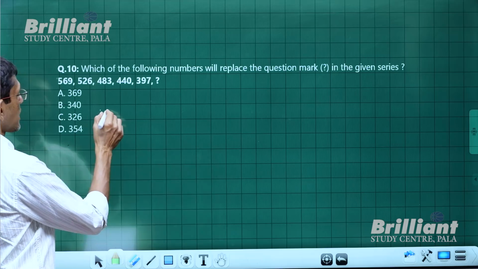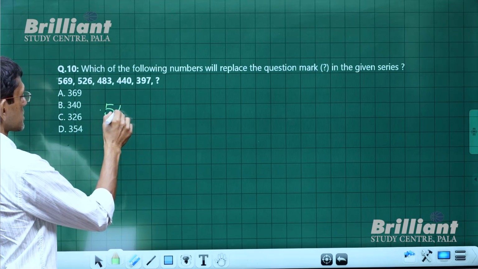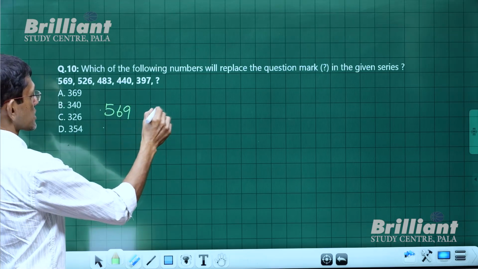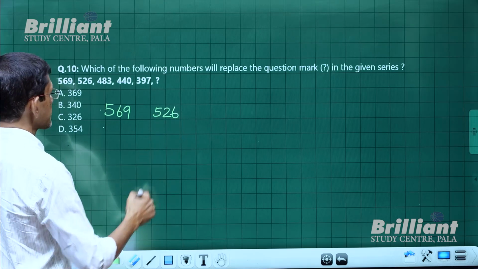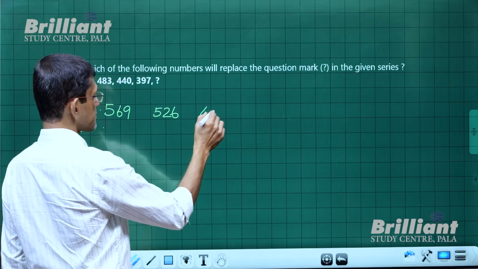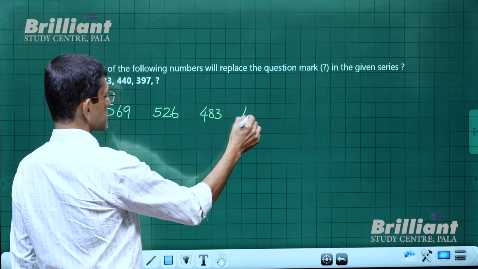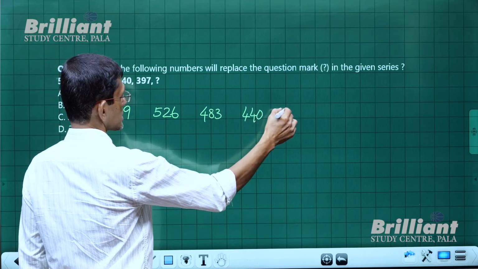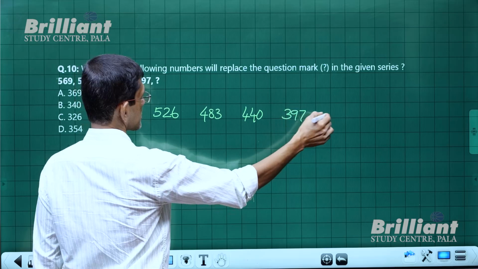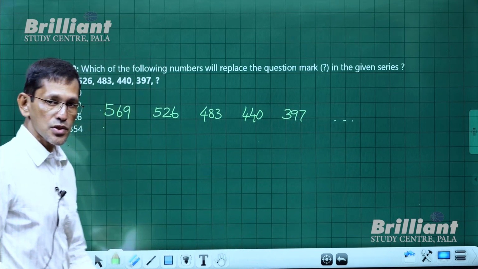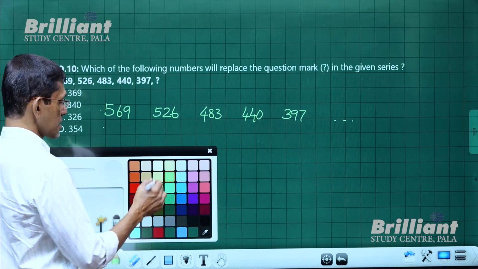Let's try this. 569, 526, 483, 440, 397. What's the next number? So there are different ways of looking at this question.